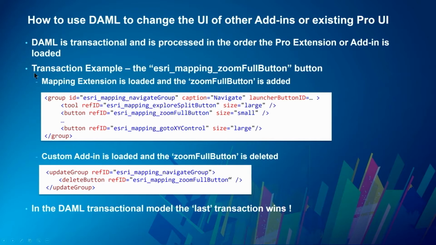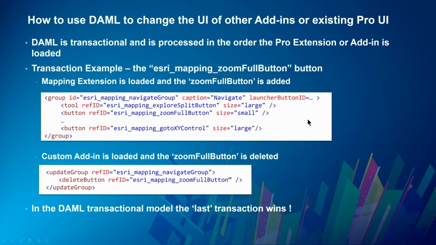So here's a transaction example. I'm having, in this case, the Esri mapping zoom to full button. This is the button that we have on the mapping navigation group that allows me to zoom to the full extent. So the mapping extension is loaded and the zoom full button is added. So you see a little excerpt here.